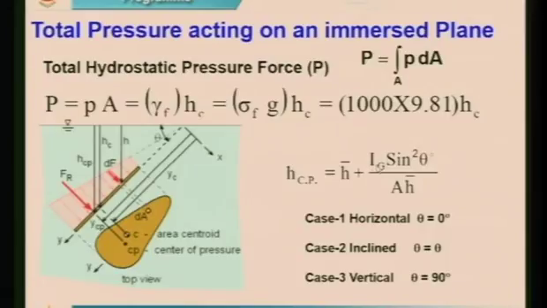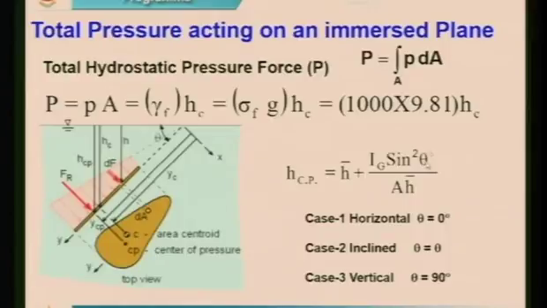It may be bd cube by 12, it may be pi r4 by 4, it may be bh cube by 36, depending upon the shape. Suppose it is a hollow circle, no problem: pi r4 minus small r4 divided by 4, same formula, or pi D4 by 64 minus pi d4 by 64, capital D and small d. We will solve problems on that.